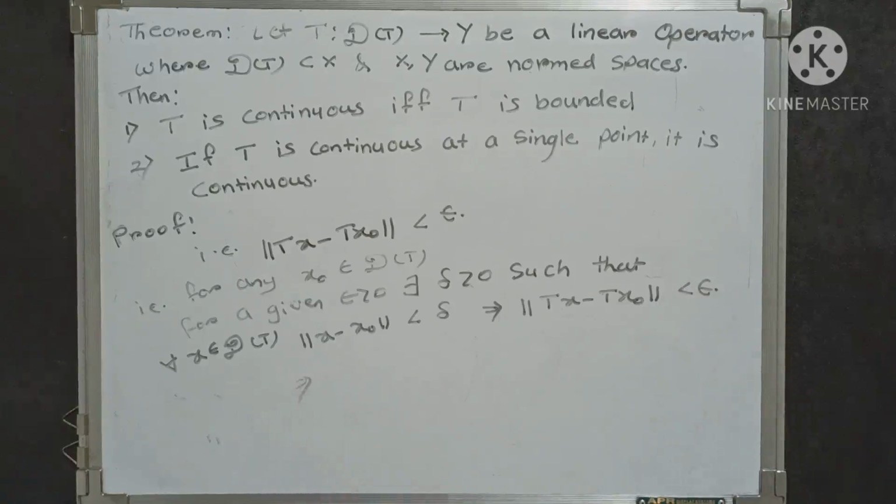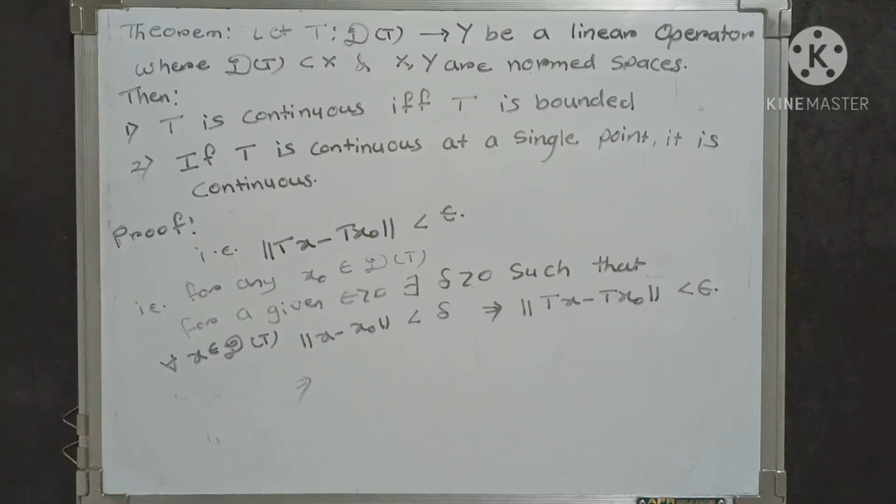And this implies that T is continuous at the point x naught, but x naught is any arbitrary point of D(T), and therefore T is continuous on D(T). Hence we assumed that T is bounded, and we get that T is continuous.